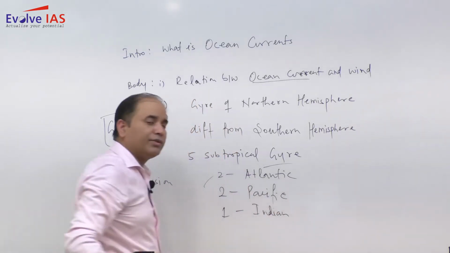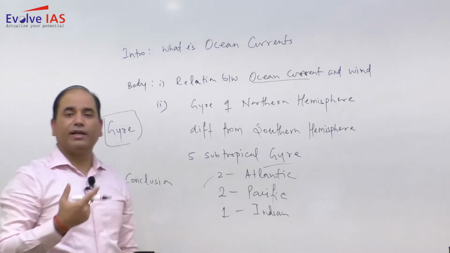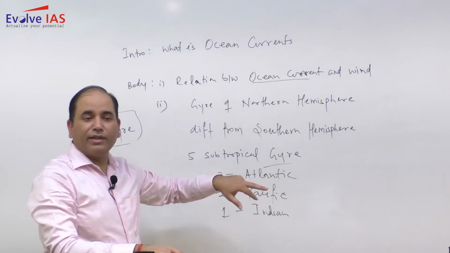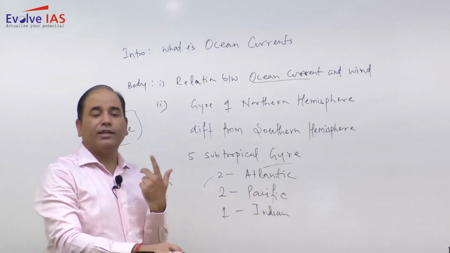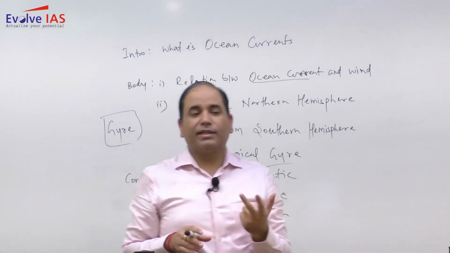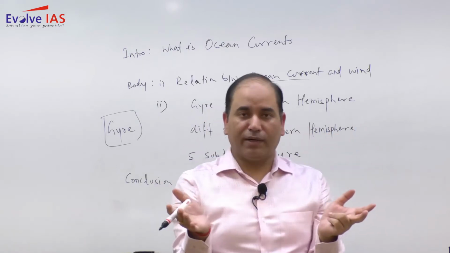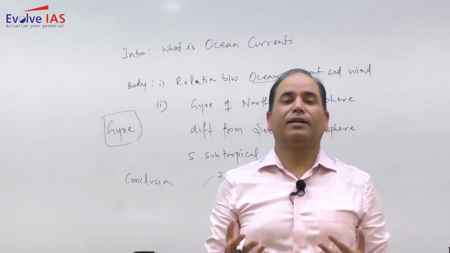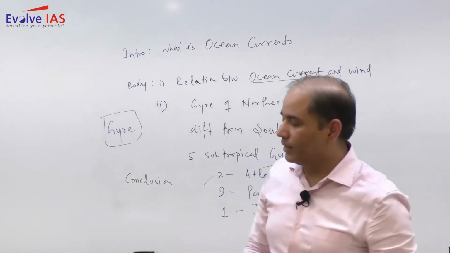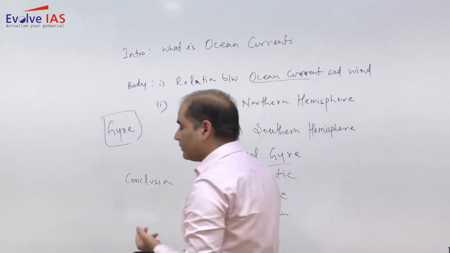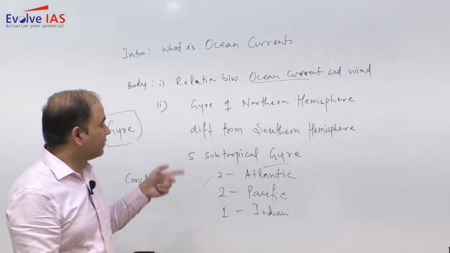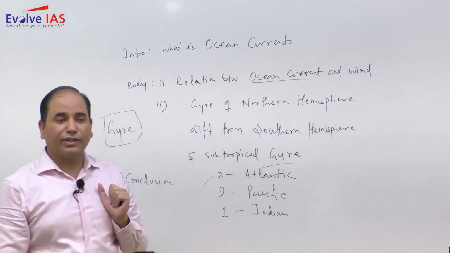In the Atlantic Ocean, in both the northern and southern hemispheres, we have 2 gyres. In the Pacific also we have 1 in the north and 1 in the south. But in the case of the Indian Ocean, the northern part is primarily contained by land, so the northern side is surrounded by land. That is why the full development of the gyre occurs only in the southern ocean. So in total we have 5 subtropical oceanic gyres.